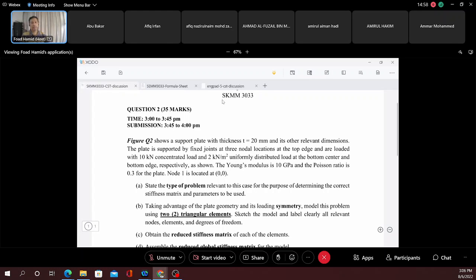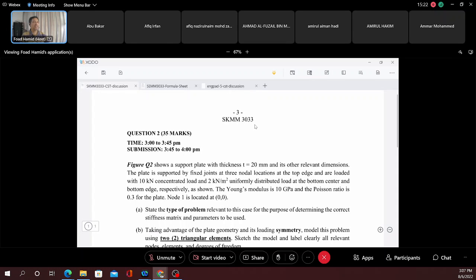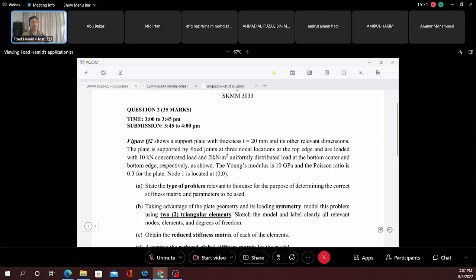Remember that the time is 45 minutes to answer. During those days, you were given 15 minutes to submit, but five minutes is good enough, so you have extra time. This gives an overview of what kind of question you can expect for CST.